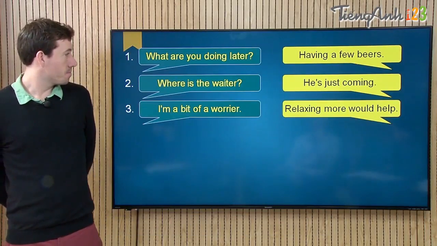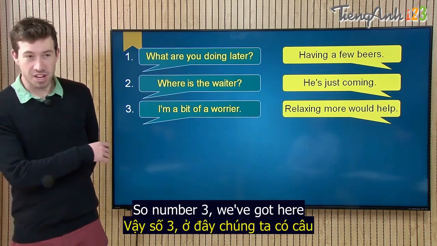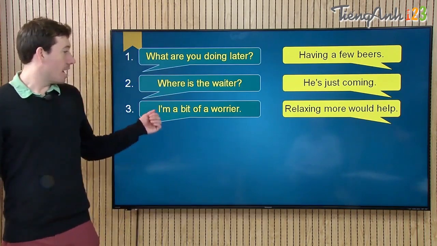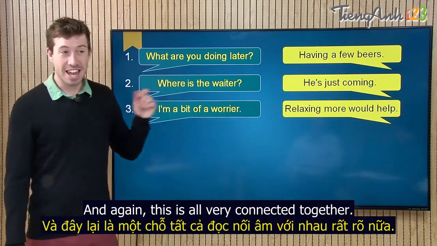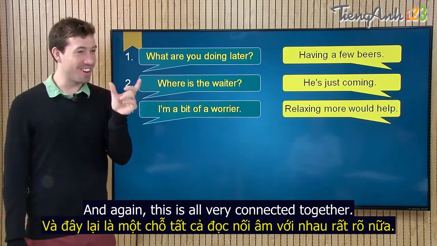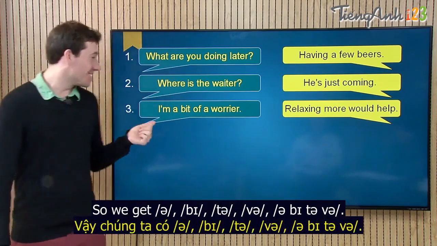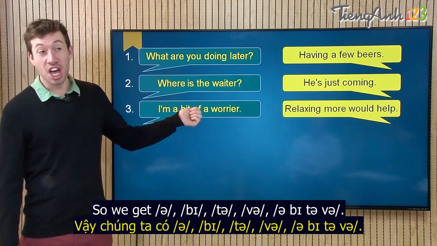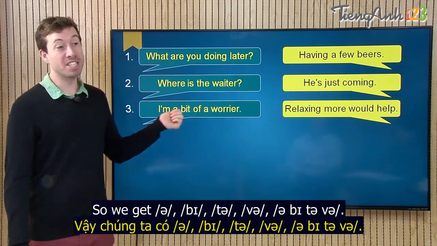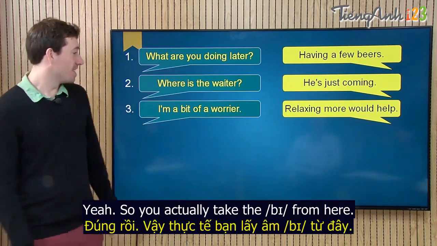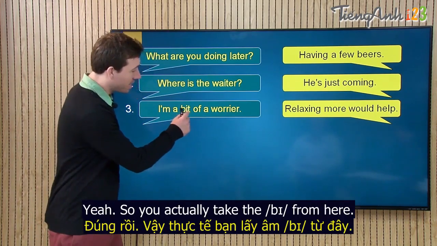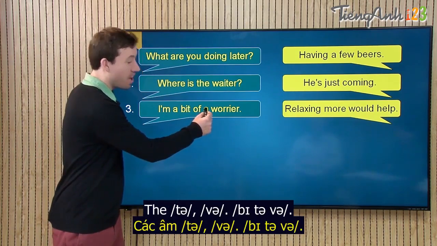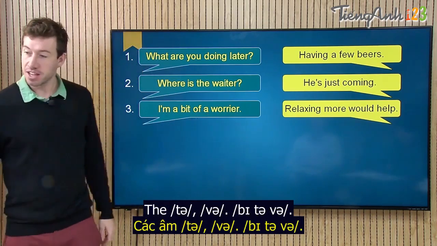Okay. So, number 3, we've got here, I'm a bit of a worrier, and again, this is all very connected together. So, we get a bit of a. You actually take the bit from here, the bit of a.